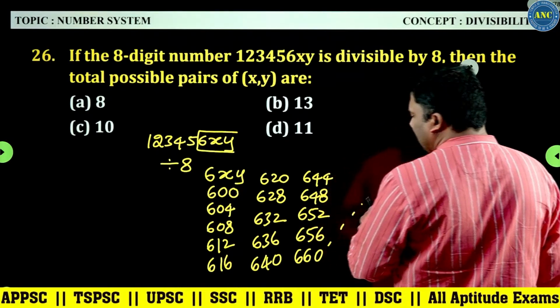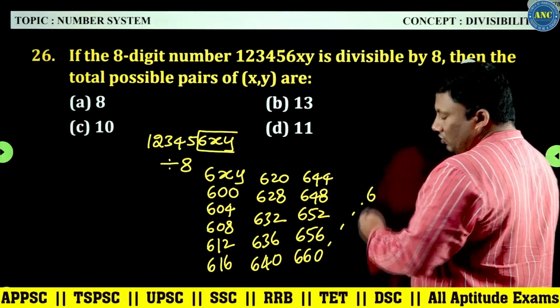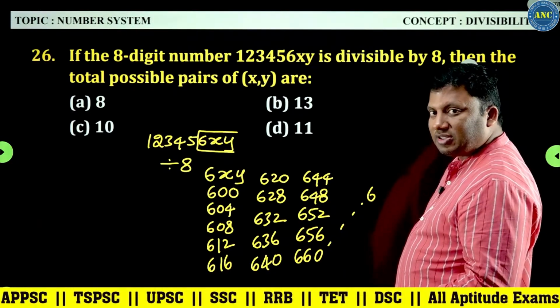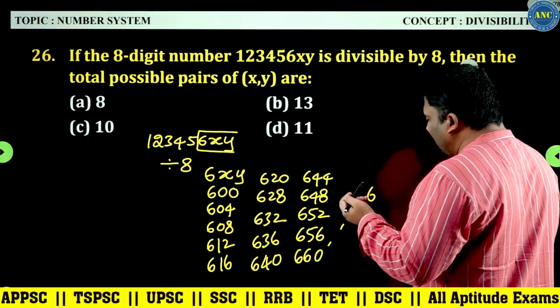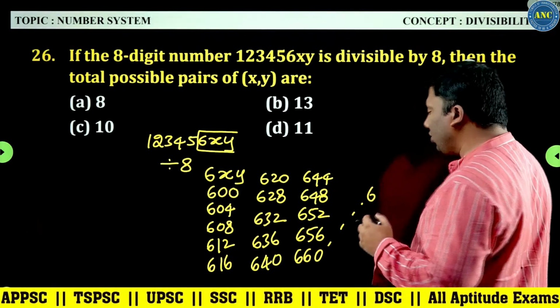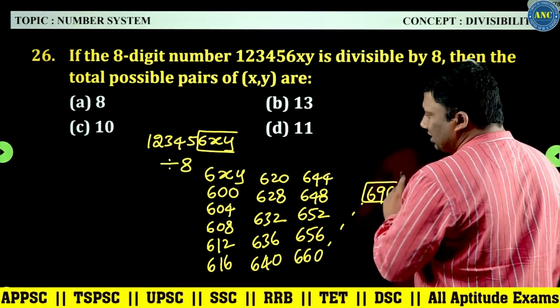Like that cases will come. 6, how much is it? 6, 4 multiple, 4 14s are, 4 15s are, 4 16s are, 4 17s are, 4 18s are, 4 19s are, 4 20s are, 4 21s are, 4 22, 4 23, 4 24. Till 696 I will get it.